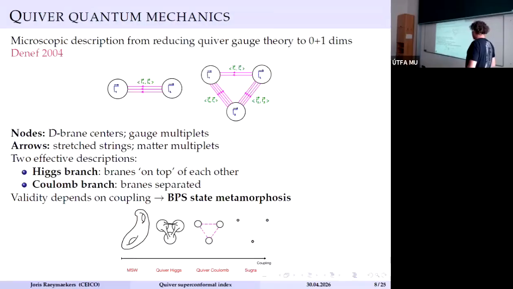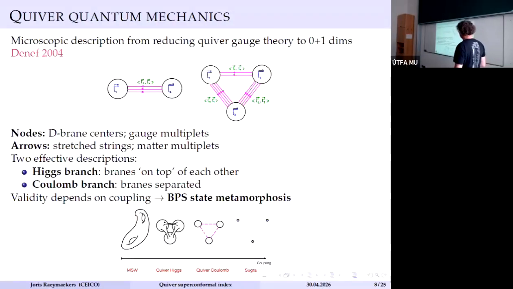And as usual in these quiver gauge theories, you can write some diagrams which basically specify all the data entering into the theory. The diagram has some nodes. Those correspond to the D-brane centers. And for each node, there is some world volume gauge field that lives on the world volume of the D-brane, with the appropriate gauge group.